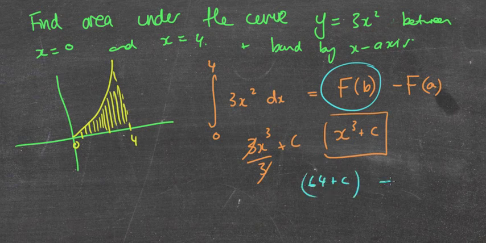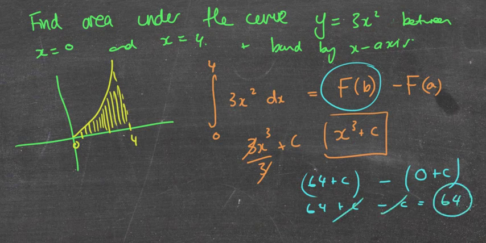Minus, if I sub in 0, 0 cubed is 0 plus c. So we get 64 plus c minus 0 minus c. Well, c minus c cancels out, so we're left with just 64 units squared.